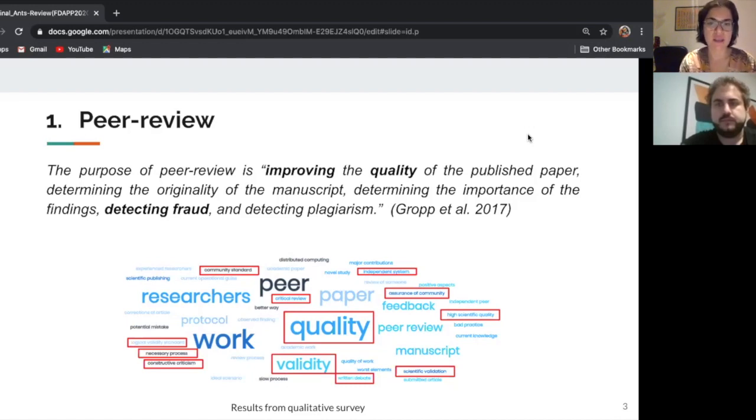And as you can see, one of the most recurrent words for the definition of peer review is quality, validity, the fact that the peer review is interpreted as a step that ensures a community standard, and it's a necessary process for high scientific quality.